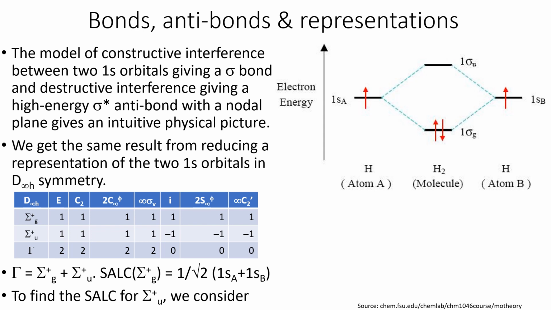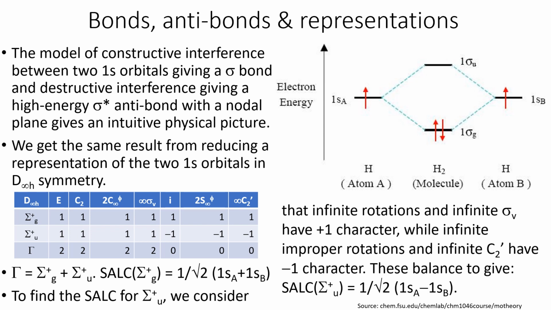It's not exactly obvious how you're going to do that when you've got infinite numbers of operations, but I think there is a way you can think yourself through it, because when you look at the character table, you've basically got an infinite number of rotations and an infinite number of sigma v reflections. So it's a bit like two lots of infinity operations that have a +1 character.